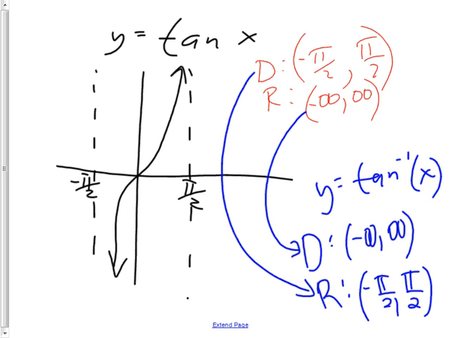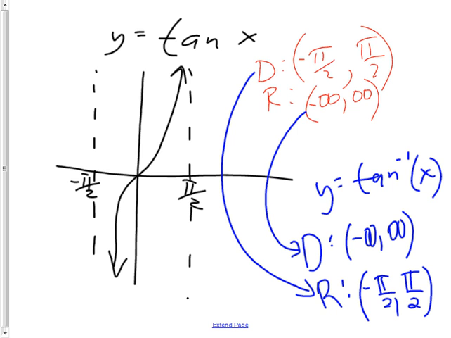And tangent will never get to negative infinity or positive infinity, so those are all parentheses. No, because on cosine and sine you can touch 1 and you can touch negative 1, right? So those are brackets on those. All right. That's just some stuff you got to write in your notes and try to remember that, okay, for the inverse, the x and y switch. So the range of the one becomes the domain of the other.